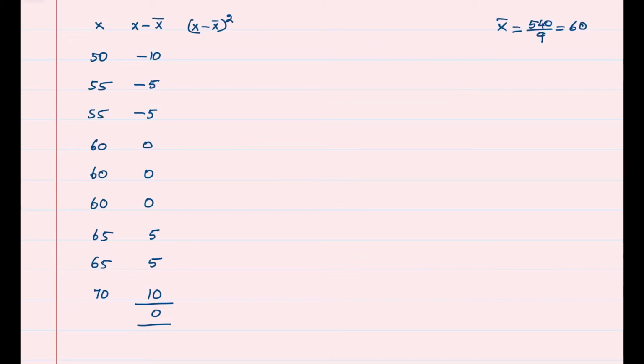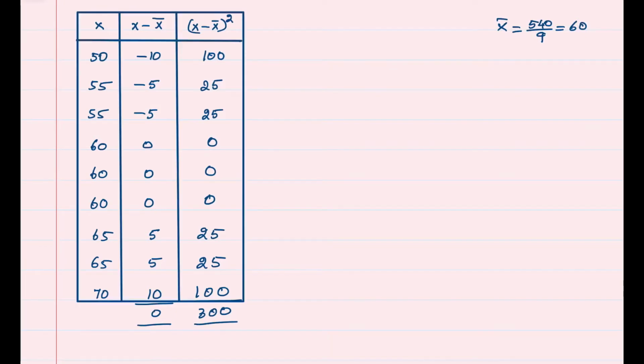Negative 10 squared becomes 100. Here 25, 0, 0, 0, 5 squared is 25 and 100. We will add up all these squares of the deviations, which is 300.